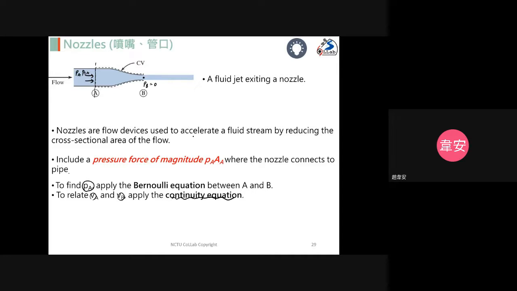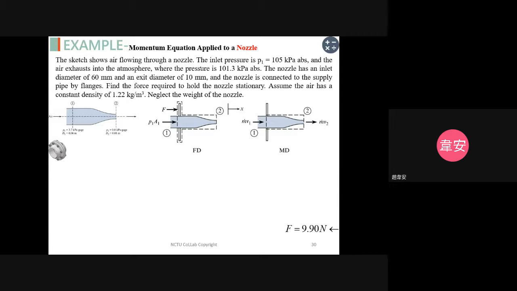So for this chapter, you still need to keep in mind the Bernoulli equation and the continuity equation. Let's move to the next exercise. This is an example for the nozzle.